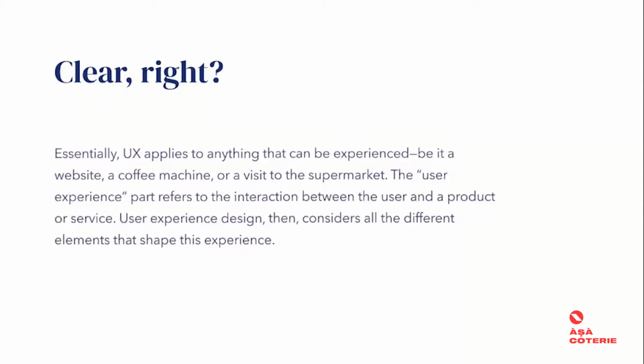So essentially, UX applies to anything that can be experienced. Either you are designing a website, a coffee machine, a rechargeable lamp, a rechargeable fan, or a visit to a supermarket. You are feeling something, and that is the experience. So the user experience always refers to the interaction between the user and the product or a service.